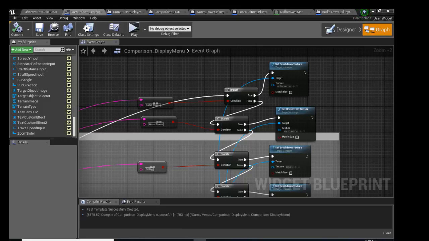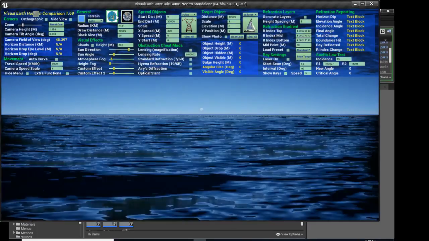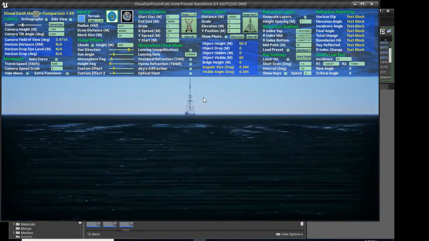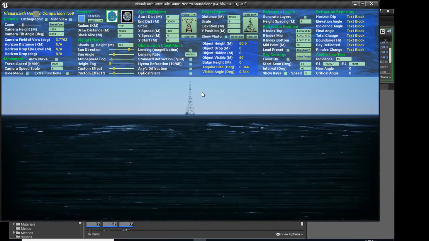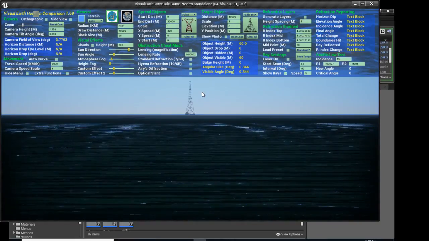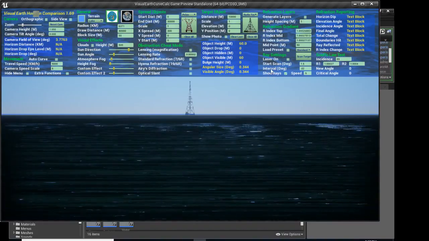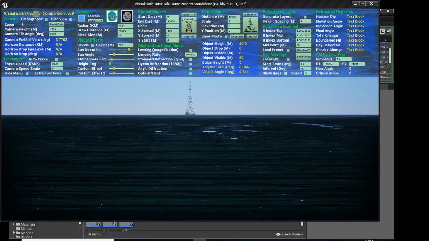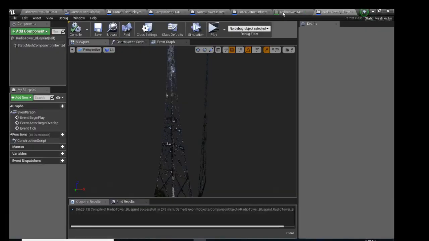Okay. See if that works. Get rid of this. So this is 60 meters, I think.